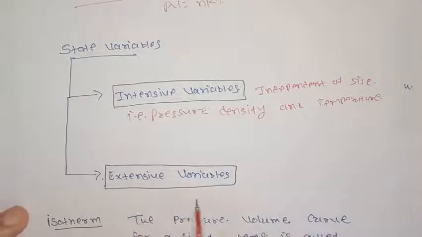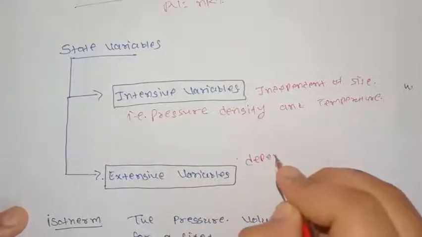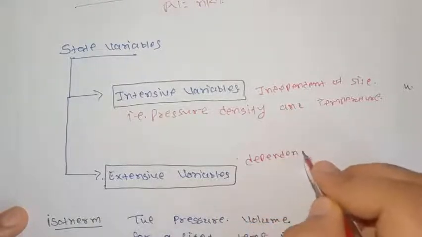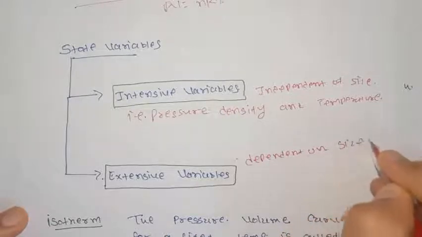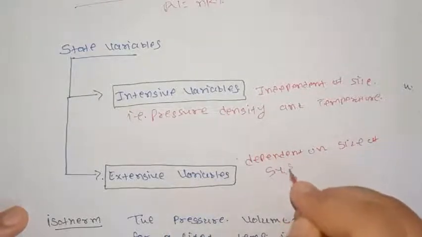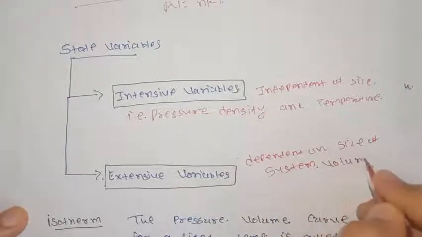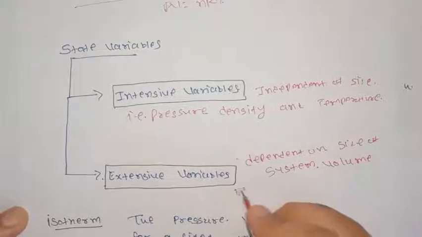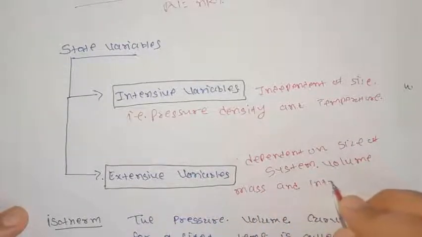The extensive variables are the variables which are dependent on the size of the system. For example, volume, mass and internal energy.